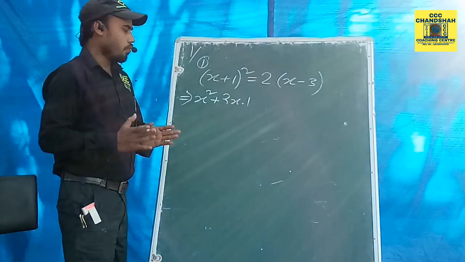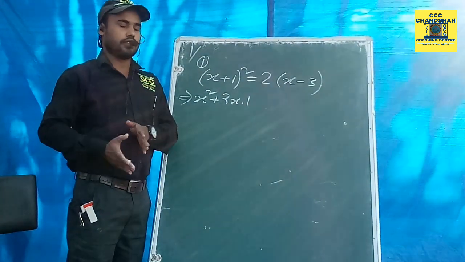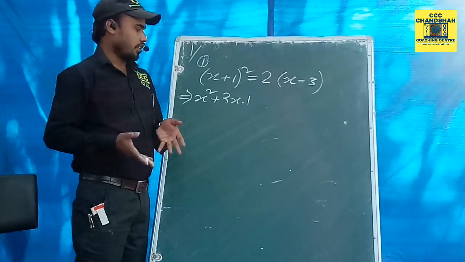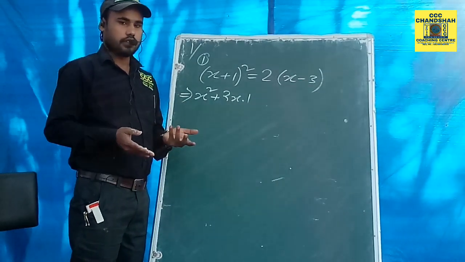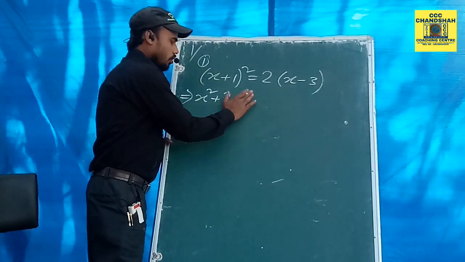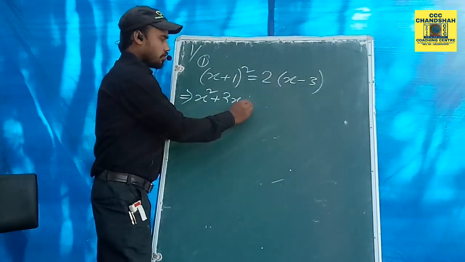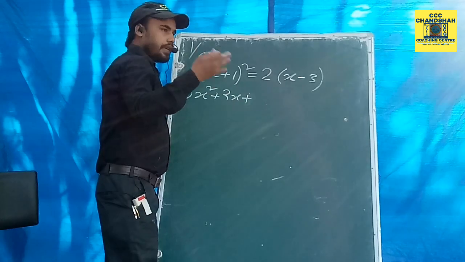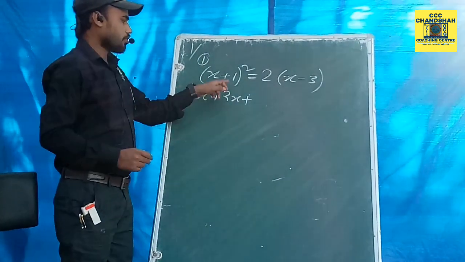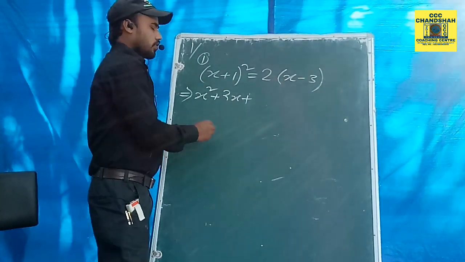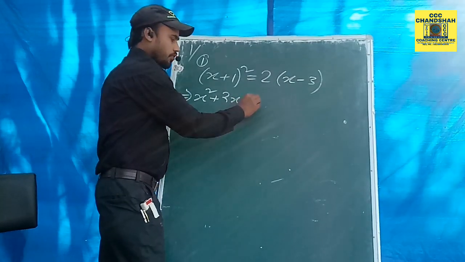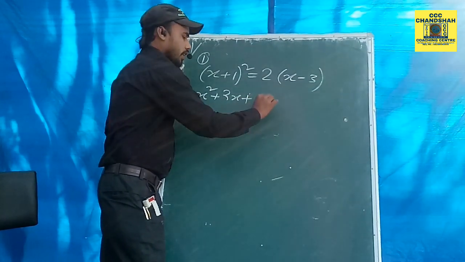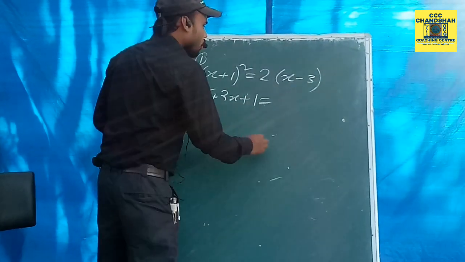If we multiply 1 with any number, the result is always the same number. Now we can write it as 2x, and then plus b square, here in place of b there is 1. That means 1 square, and 1 square is 1. This is equal to 2x minus 3.